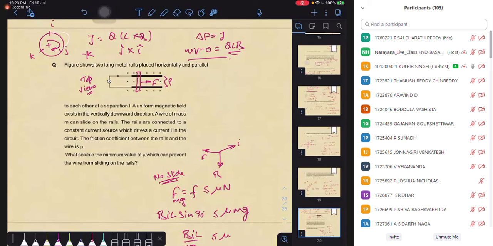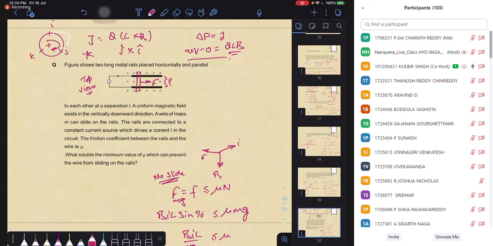If we take the side view, I can take it from this side or make a picture from this side. Let's say we draw the picture from this side view. You're watching from this side.